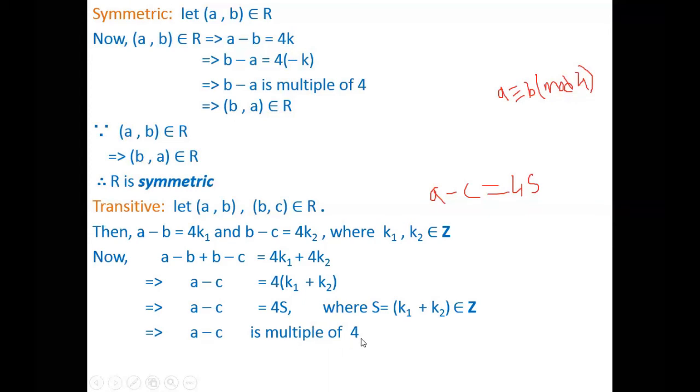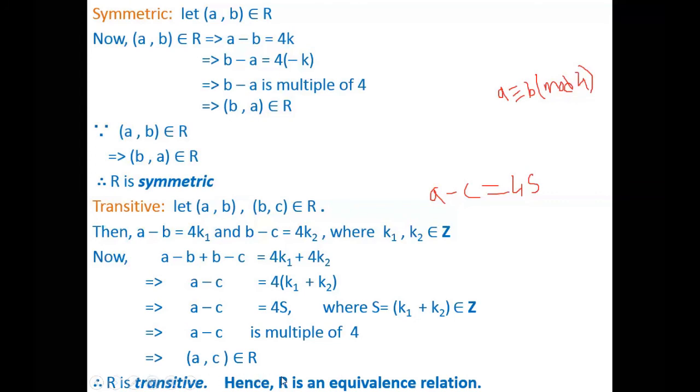If A minus C is a multiple of 4, that means (A, C) belongs to R. We assumed (A, B) and (B, C) belong to R, and ultimately we have (A, C) belongs to R. From here we can say that R is transitive, right? If R is transitive, symmetric, and reflexive, then R is an equivalence relation. So here R is an equivalence relation. Thank you.